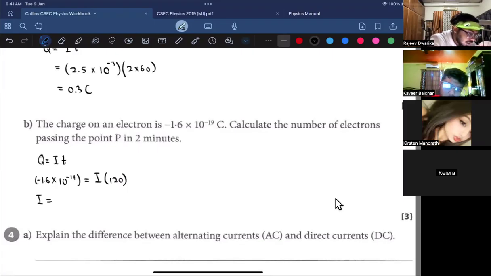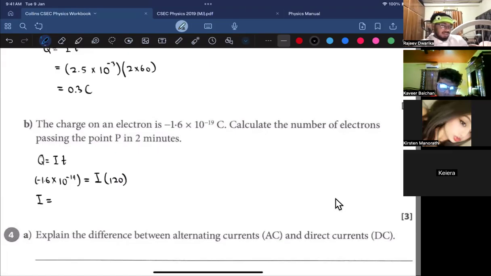Yes. Why? It depends on the direction of the current. Yeah, that's actually it. Current could go in different directions, and because of that, current is a vector quantity, not a scalar.